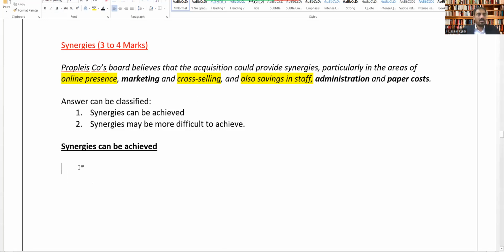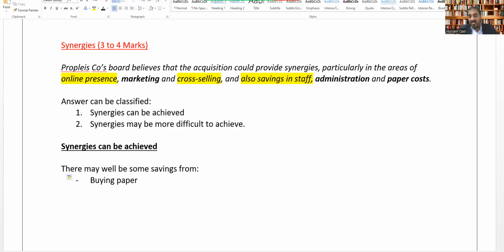So with this part, number one, there may well be some savings from buying paper. You have to connect it. If any of the students is planning cost saving, revenue synergy or cost synergy, it's not wrong. If you mention cost synergy, you can make a heading of cost synergy.